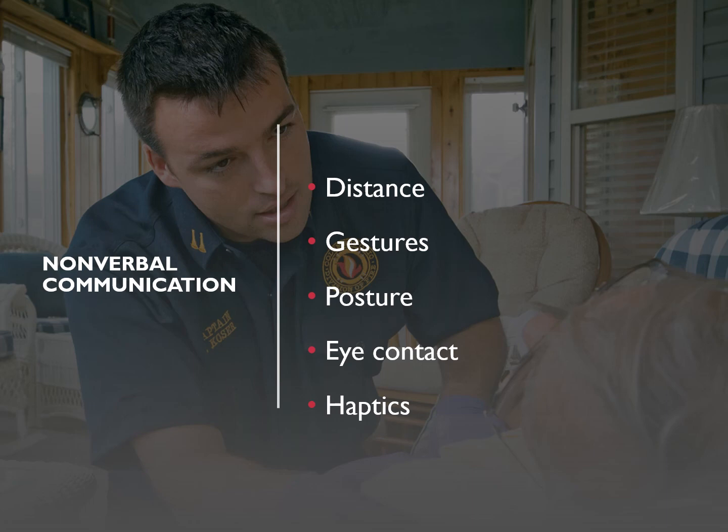All right. Gestures are big, like where you place your hands, crossed arms, hands on your hips, rolling your eyes, stuff like that. Posture, making sure that you're getting down to eye level with the patient. You're not standing over them. Eye contact, just like silence, can be good.